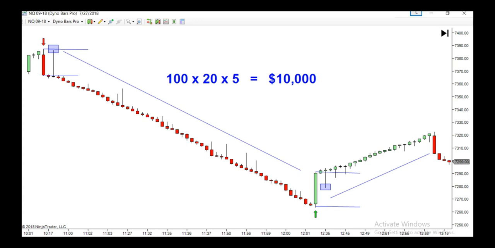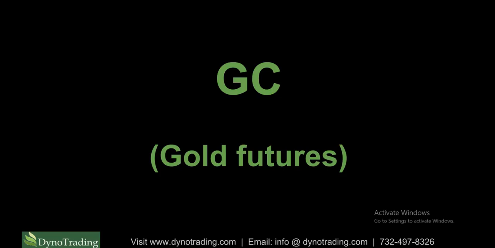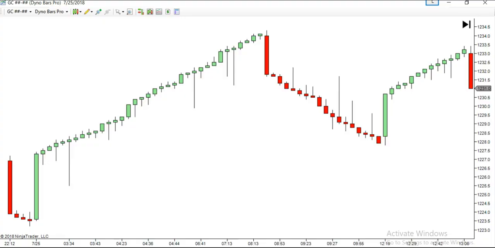All right. So now let's go ahead and take a look at gold futures. All right, so what you're looking at here is a chart on gold with the dyno bars filter on top of it.